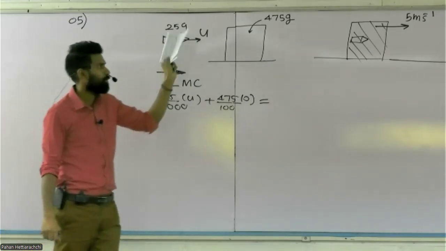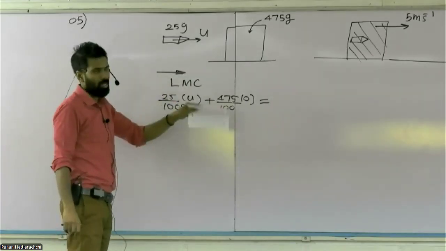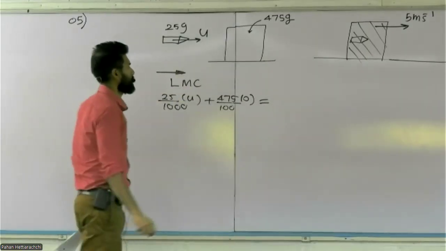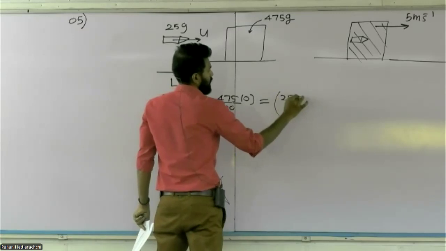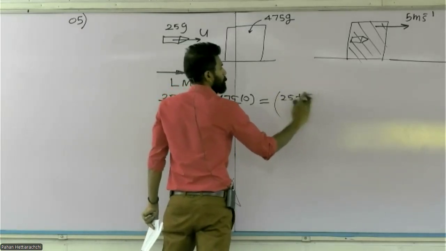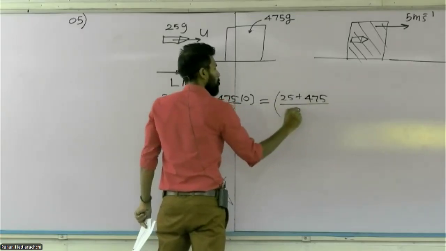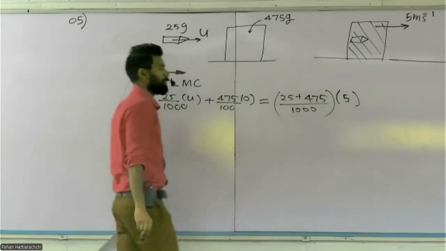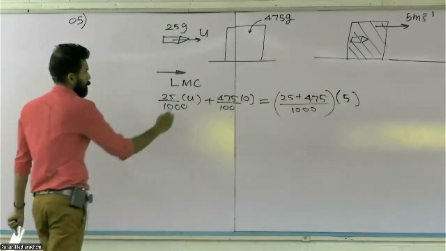But after the bullet penetrates the wooden block, both of them form a single system moving at a velocity of 5 meters per second. Now the combined mass is 25 plus 475 over 1000, into 5. Total mass 500 grams, velocity 5.